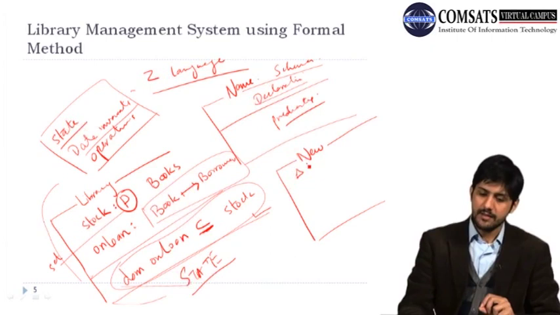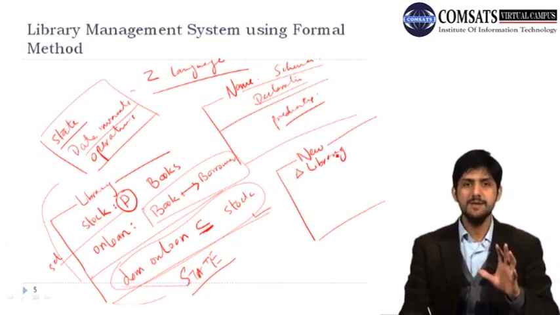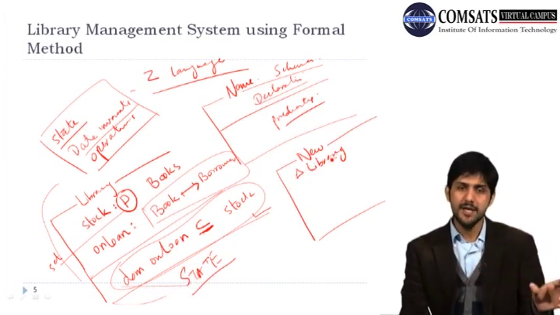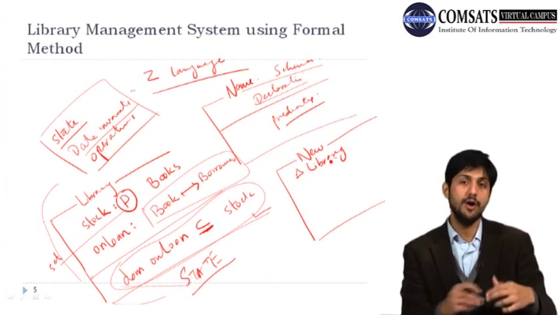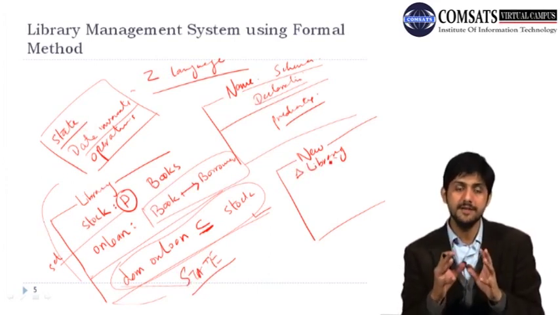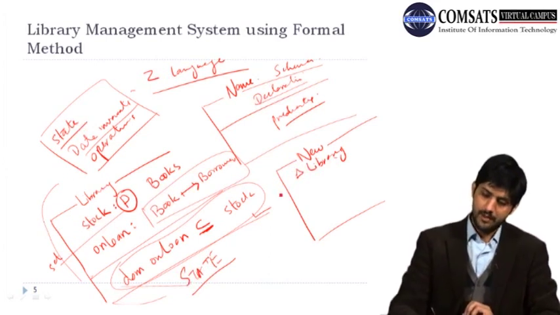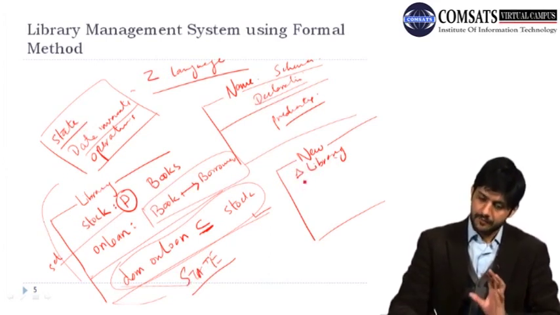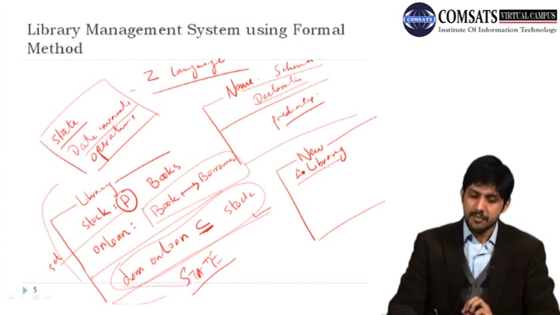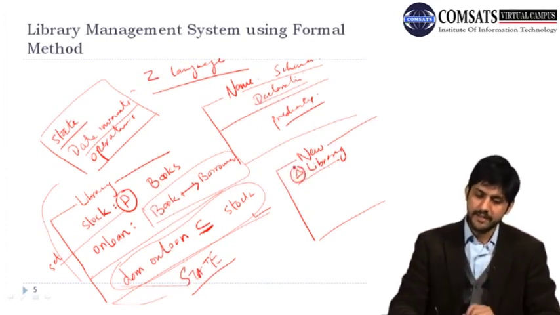So I'm going to say, okay, whenever a new book comes in, it is going to change my state, because the variables where my data is held are going to change. Whenever a new book comes in, my stock would be updated. The on-loan set would not be updated, but my stock set is going to be updated. And first of all, I define whether it is going to change the state or not. This delta symbol identifies that the state is going to change.